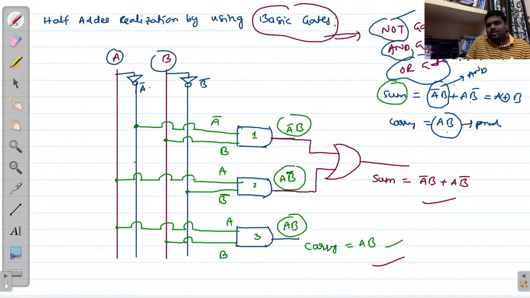If you observe this entire circuit, we have NOT gates, we have AND gates, and we have an OR gate. I am only using basic gates to implement this particular half adder realization.